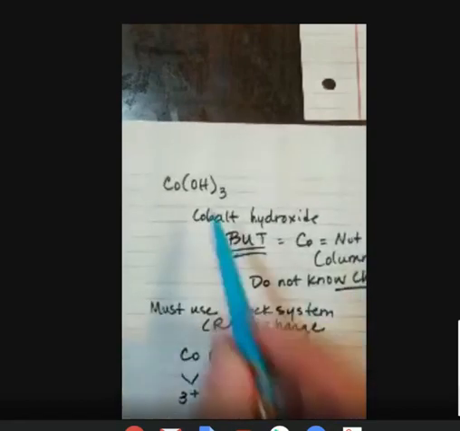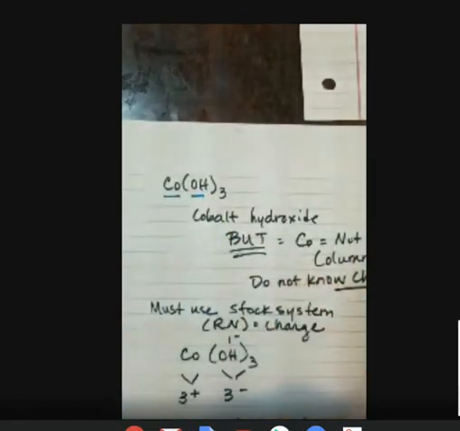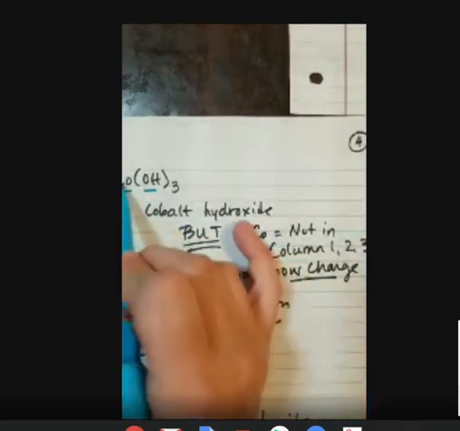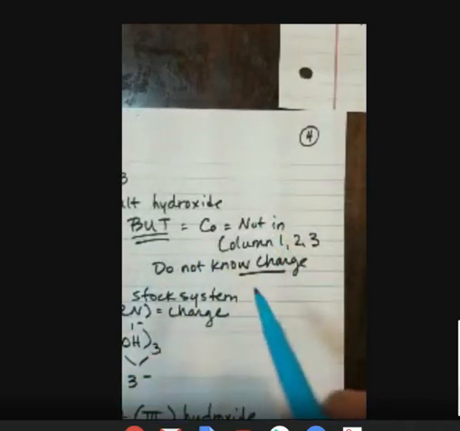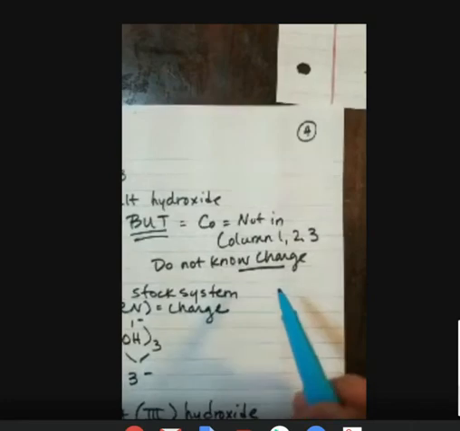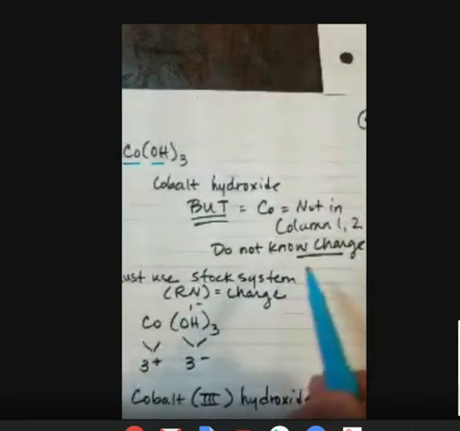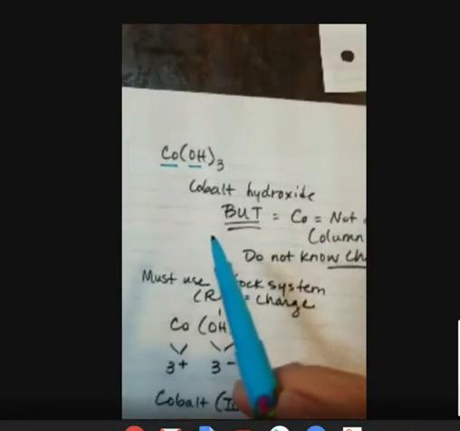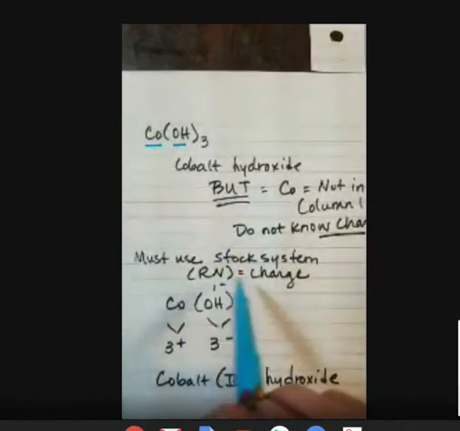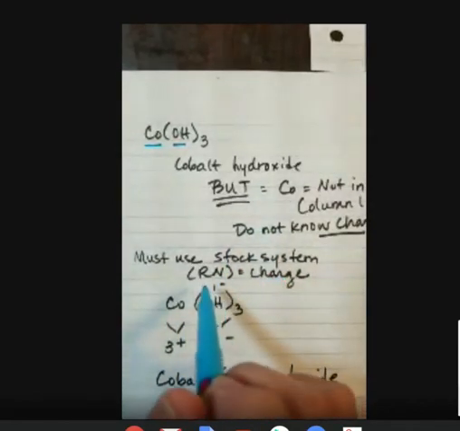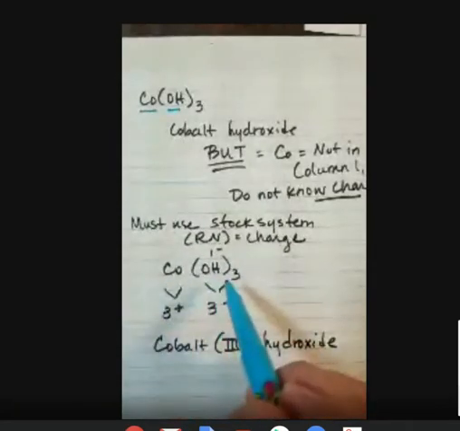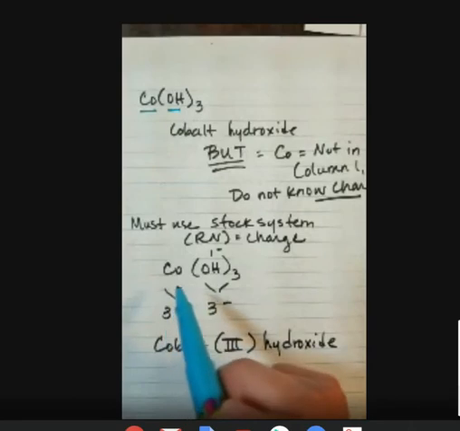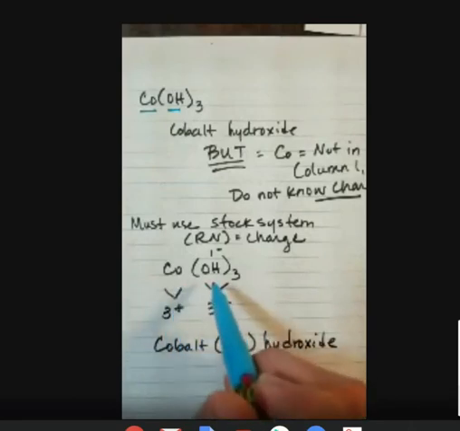I have cobalt bonded to hydroxide. What you want to do is just name this cobalt hydroxide. But cobalt is not in column 1, 2, or 3, so because we don't know the charge, I can't just assume that I know what it is. I have to figure out what the charge is. So you must use what we call the stock system. Remember, we must use a Roman numeral to mean the charge. I don't know the charge of the metal, but I do know the charge of the non-metal.